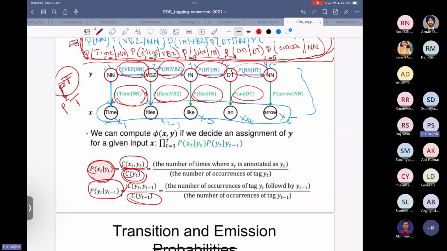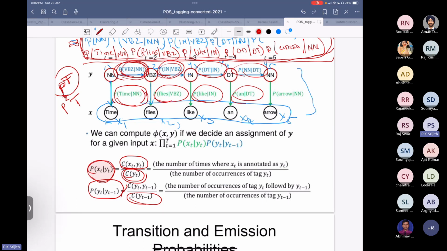For example, if you want to compute the probability of VB given NN, you look at the number of times in the corpus NN VB has appeared, and you divide that by the number of times NN is appearing, and that will give you this conditional probability of yt given yt minus 1, right? You can compute these conditional probabilities from a part of speech tagged corpus.